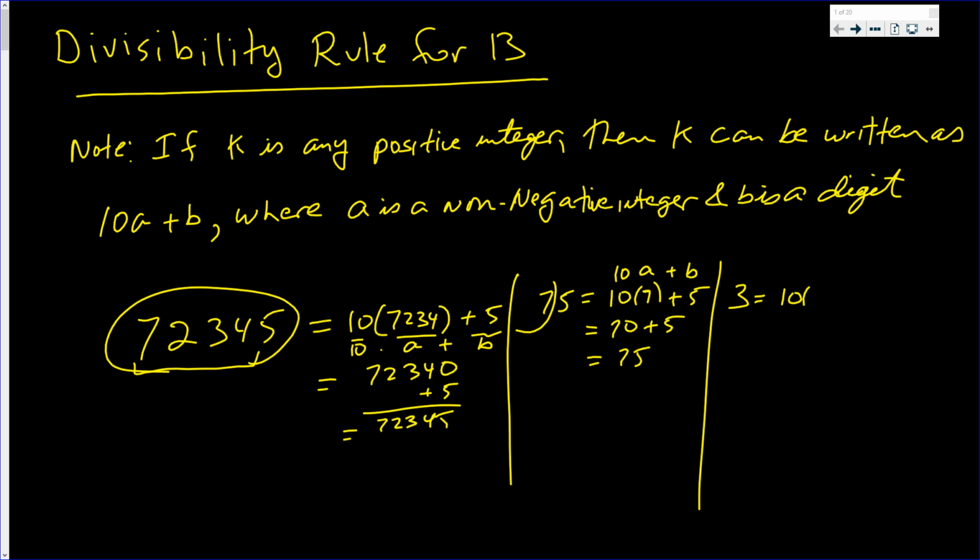Okay, a happens to be a digit, but all we promised is that a will be a non-negative integer, and 0 is a non-negative integer. 3 is 10 times 0 plus 3. That's my a, a non-negative integer, plus b, a digit. So large numbers, two-digit numbers, single-digit numbers, it works for.